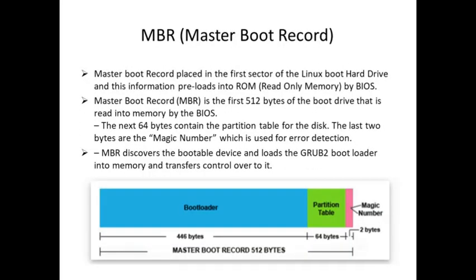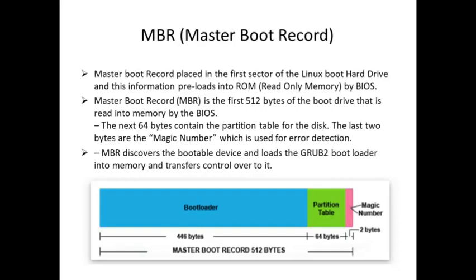Now coming to MBR. MBR is nothing but the master boot record, which is placed in the first sector of the Linux boot hard drive. This information is preloaded into ROM, that is read-only memory, by BIOS. MBR is the first 512 bytes of the boot drive that is read into memory.